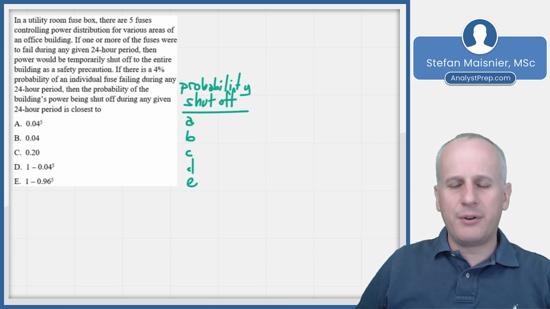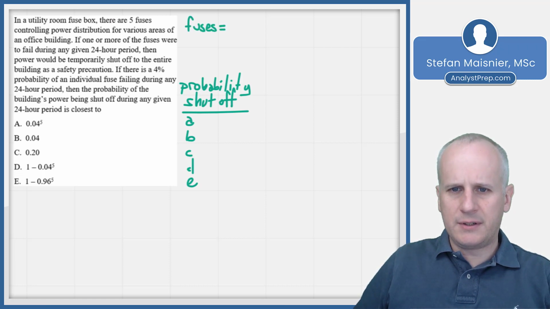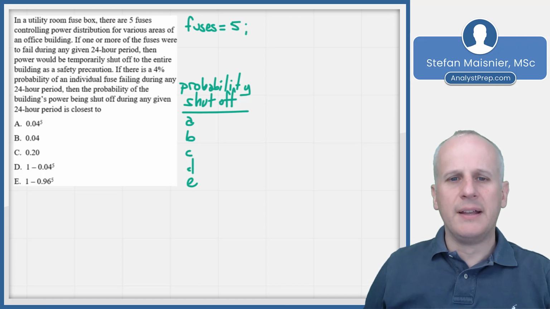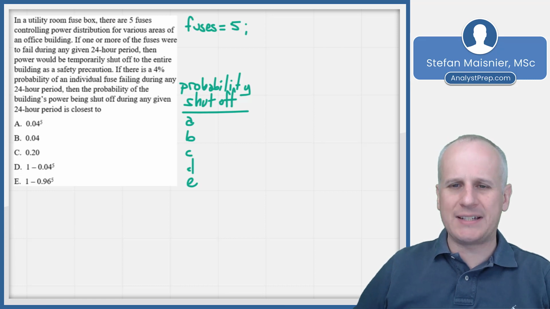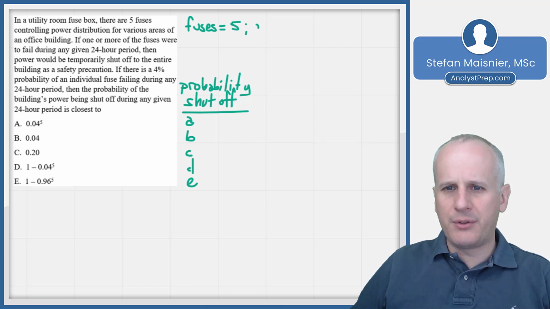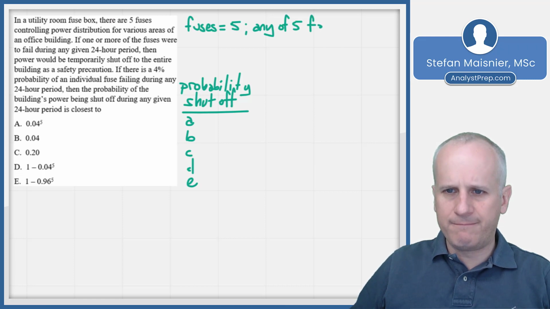So we go to the beginning and we read, in a utility room fuse box, there are 5 fuses. So fuses is equal to 5. If one or more of the fuses were to fail during any given 24-hour period, then power would be temporarily shut off to the entire building as a safety precaution. So we know that if any of the 5 fail, then we get a shutoff.